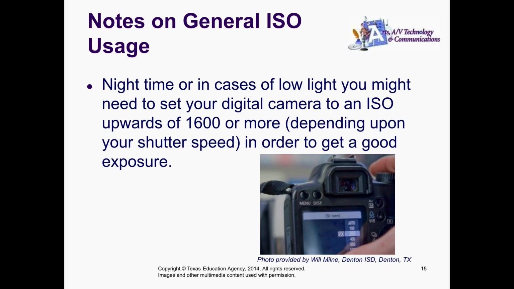And then what I do is I come in with a really dark photo, but I take it in raw, which is what we were just getting ready to do. And then it's a huge picture, and I'll go on Photoshop and lighten it that way, because that gym has the worst lighting for photography ever. Okay, nighttime or low light, 1600, depending on your shutter speed.